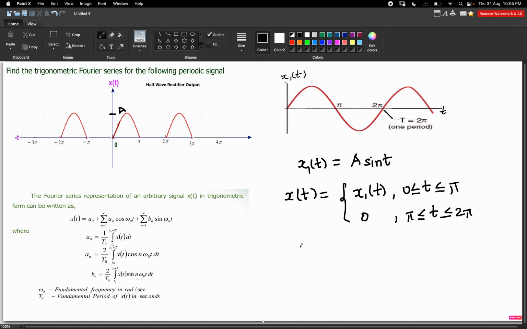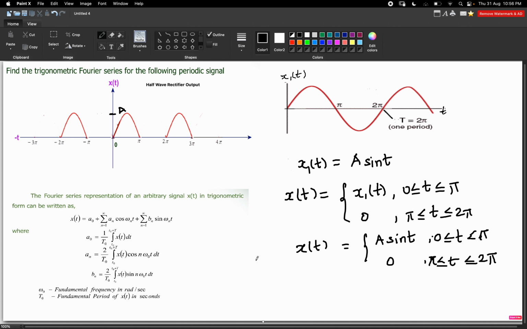So if you substitute this x1 of t value, then x of t equal to a sin t for t greater than or equal to 0 and lesser than or equal to pi, and 0 for t greater than or equal to pi and lesser than or equal to 2 pi.